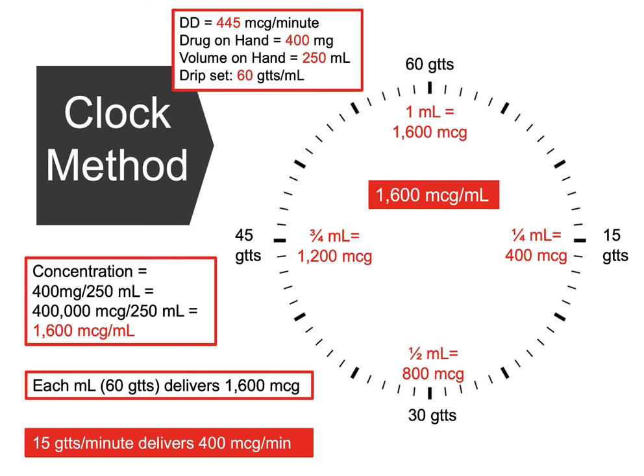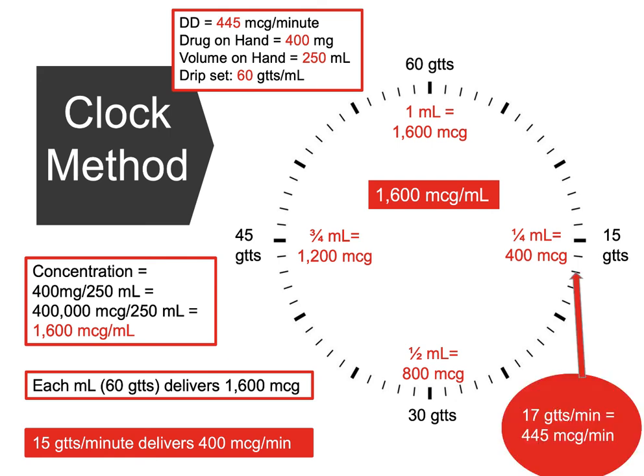Just looking at the clock, I can say, well, I'm going to go 400 plus a little bit more. To get to 450 is going to be right there around 17 drops per minute. So the clock is a great estimator to show you where you're going to be, because that's where you're going to hit. At a glance on the clock, I know where 400 is, I know where 800 is, I know I want 445 or 450 if you rounded it, which means I'm going to be around 17 or 18 drops per minute.